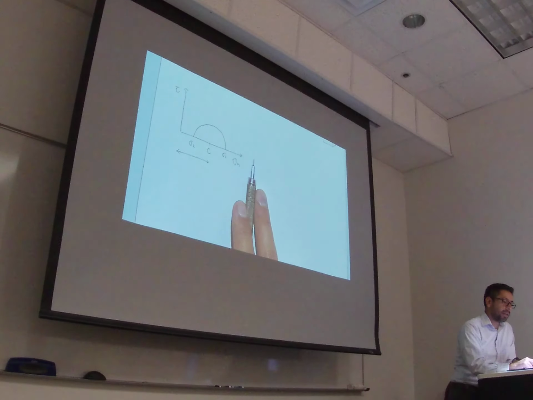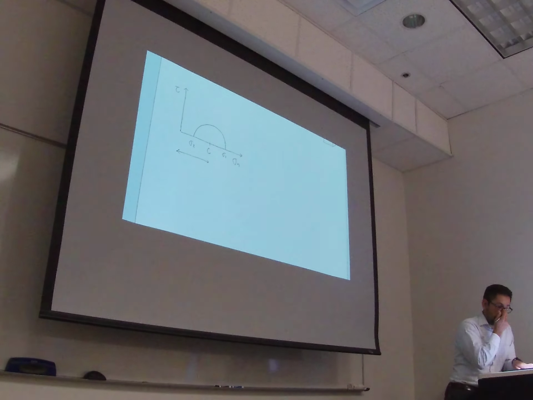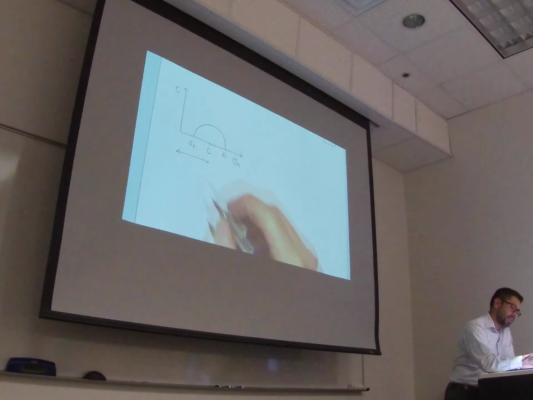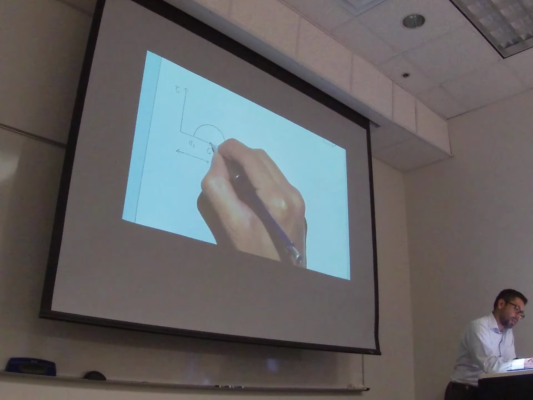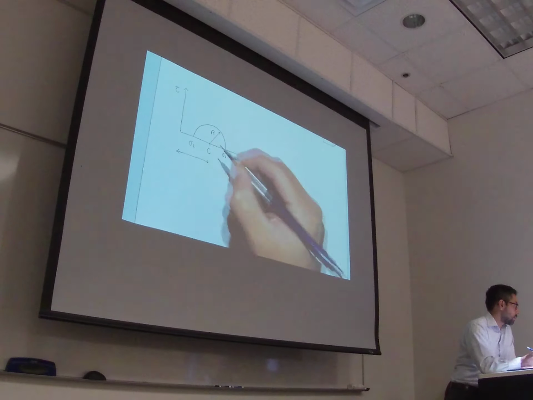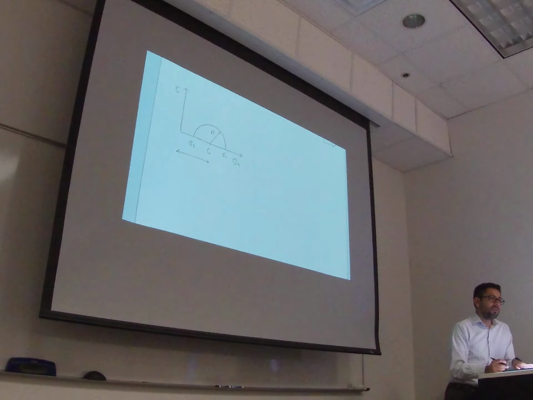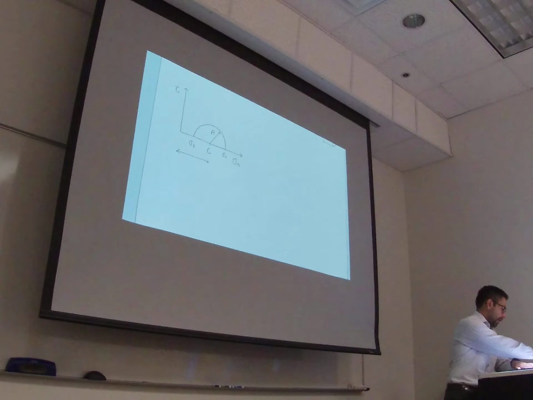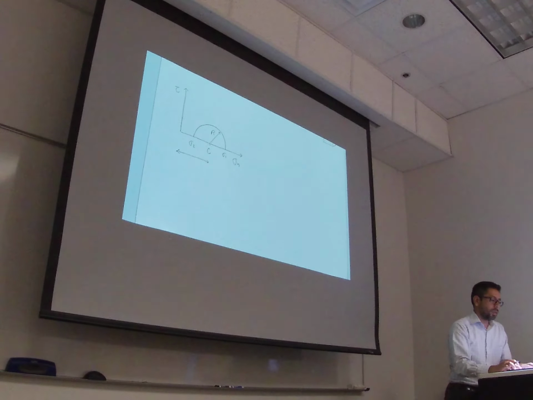The further to the right, the more compression you're going to have. And the second thing to notice here is the radius. The radius of the circle tells you how much shear you have in that particular point as well.